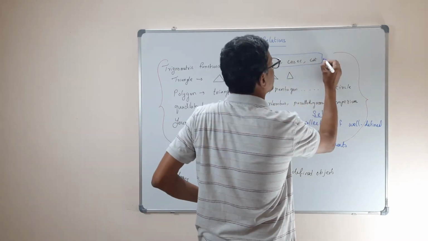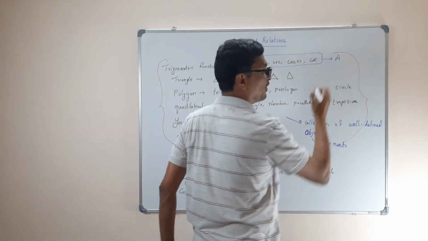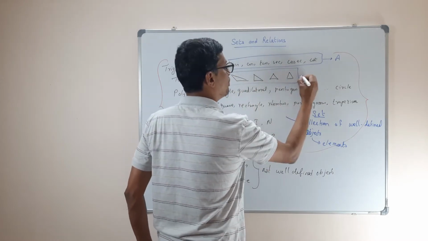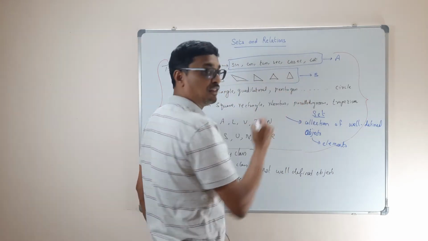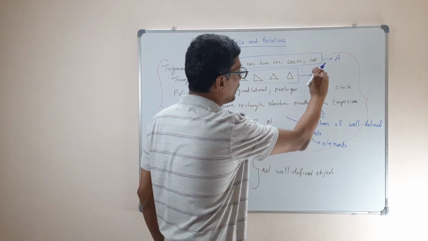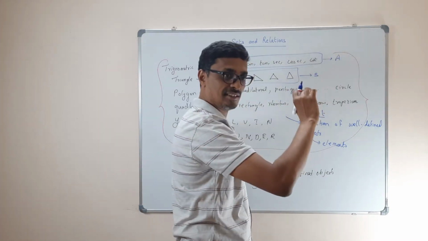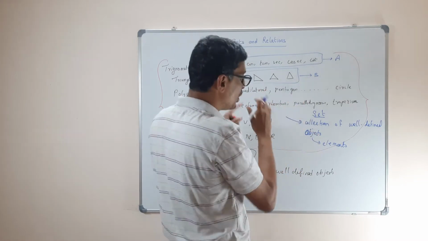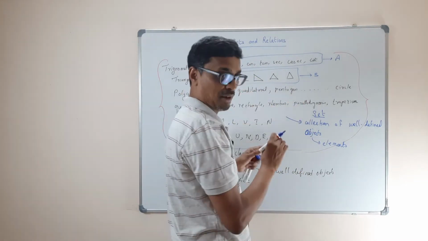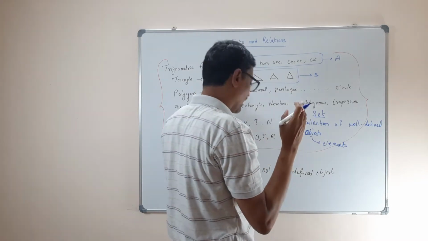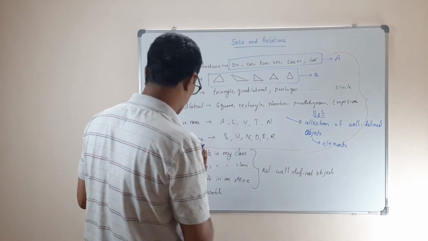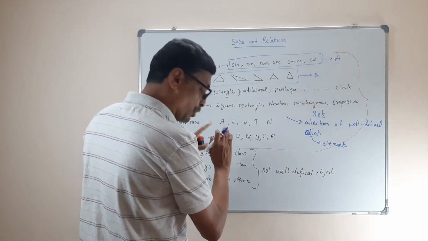So I will call this something like A. For this group, I will have something like B. So what we do is represent a set with capital alphabets, and the elements with small alphabets.